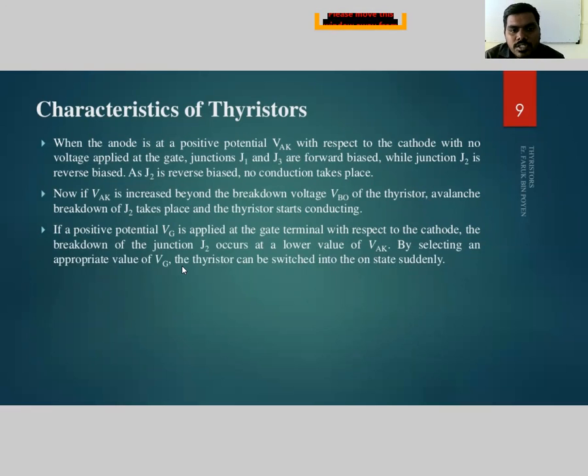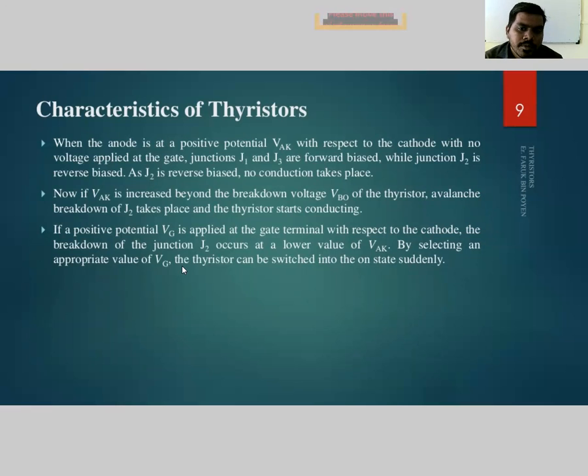If a positive potential VG is applied at the gate terminal with respect to the cathode, the breakdown of the junction J2 occurs at a lower voltage of VAK. Means what I am doing is giving a voltage at the gate terminal.